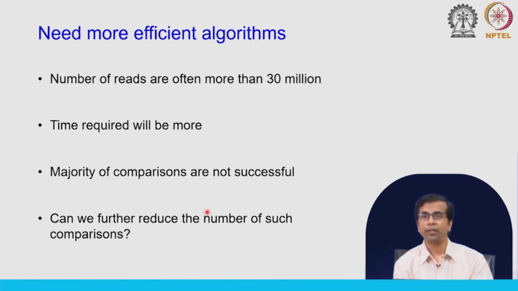So, we are doing these comparisons and most of them will not give any positive result. So, we are spending a lot of time in doing these unsuccessful comparisons. So, can we reduce the number of such comparisons? If we can reduce this number of comparisons, then we can improve on time. So, we can probably focus on the successful comparisons and get to the results much quicker.